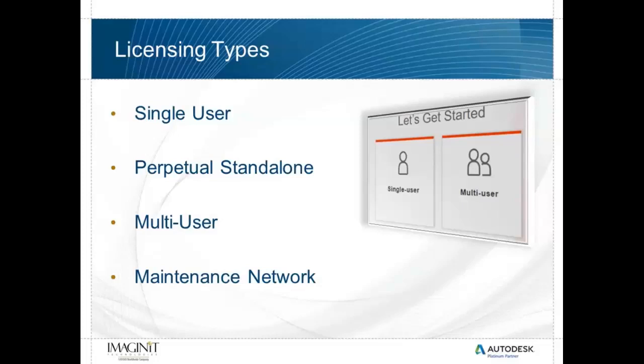Some of you may still have standalone products, perpetual seats that just simply have an activation code. We'll talk about what you do in that instance if they need to use a different machine remotely. And then, of course, we'll talk about the multi-user or network licensing model and how you can allow users to activate software offline if they're unable to connect with your license server. So we'll talk about those options.